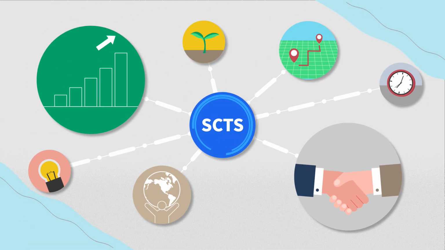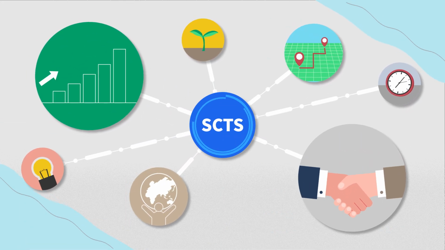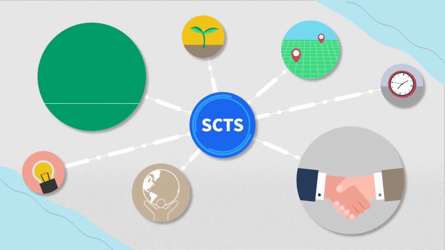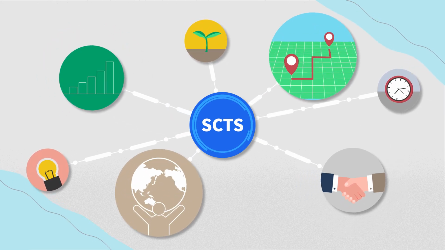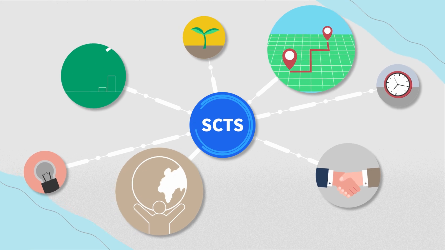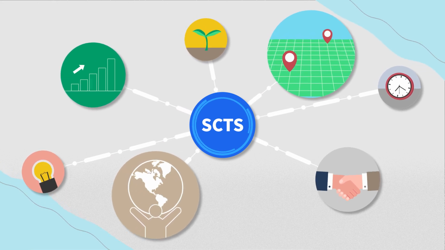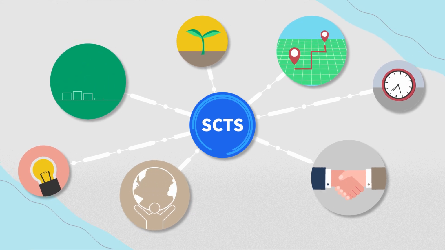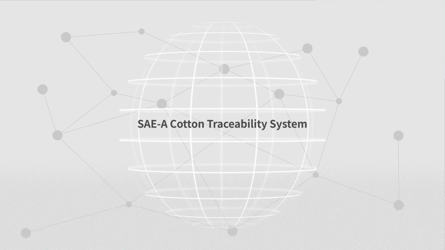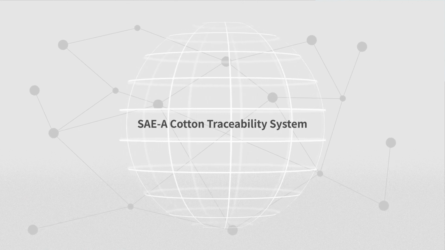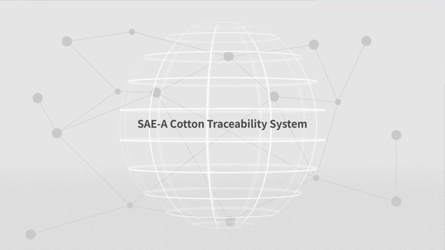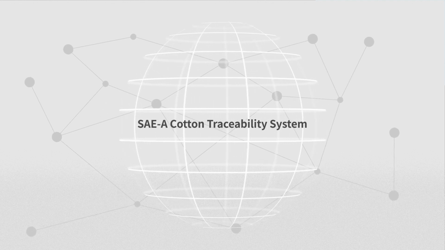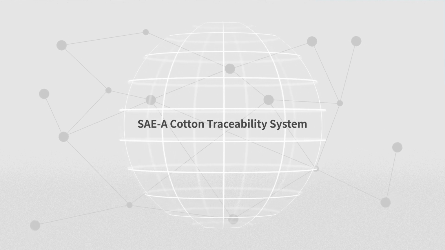With the cotton traceability system established, we'll be able to save time and resources by incorporating the system, effectively map out SAE A's supply chain data by managing traceability via a tracking platform, and provide powerful and credible tracking resources to clients and customers. SAE A's cotton traceability system is committed to complying with regulations, improving the efficiency of production management, and will evolve constantly to enhance your brand value.